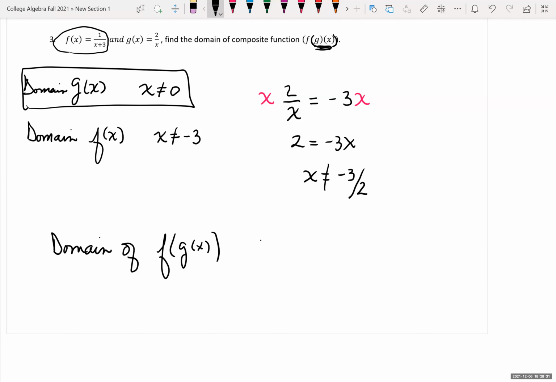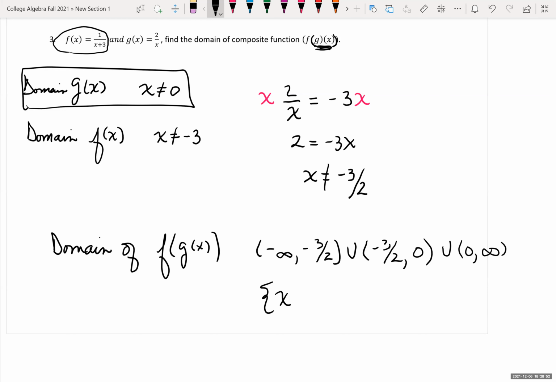So I can state this from -infinity to -3/2, not including -3/2, so I'm going to put parentheses, union -3/2 to 0, union 0 to infinity. So that was one way to state it. You could have just said it's the set of x such that x is not 0 and x is not -3/2.